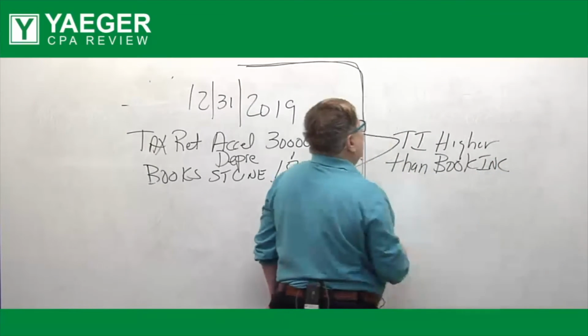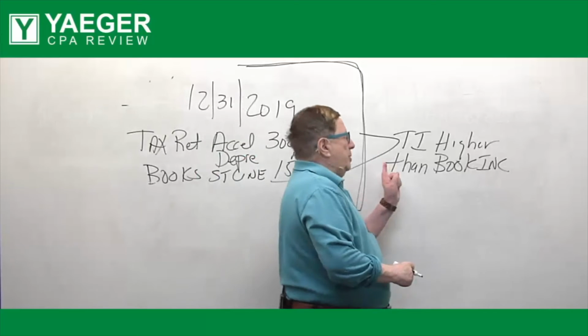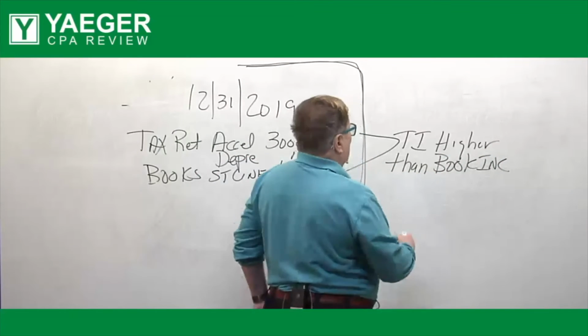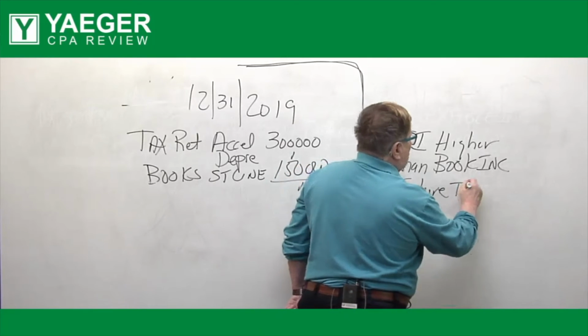And when you have a timing difference in the current year, which will cause taxable income to be higher than book income in the future, this is called a future taxable amount.